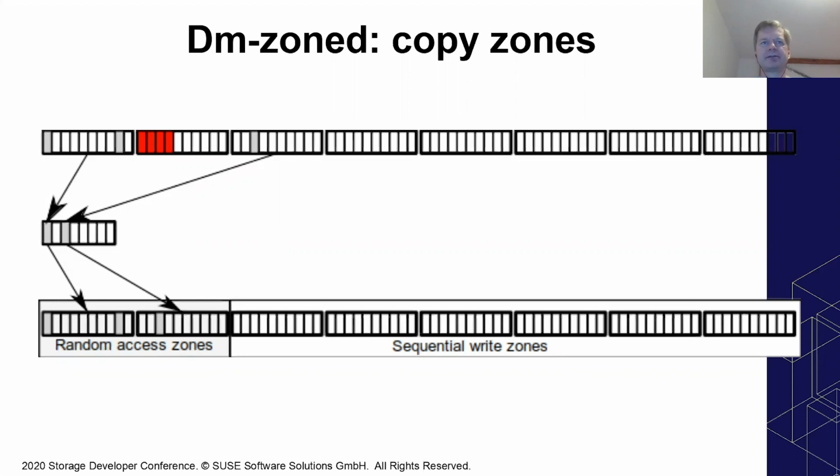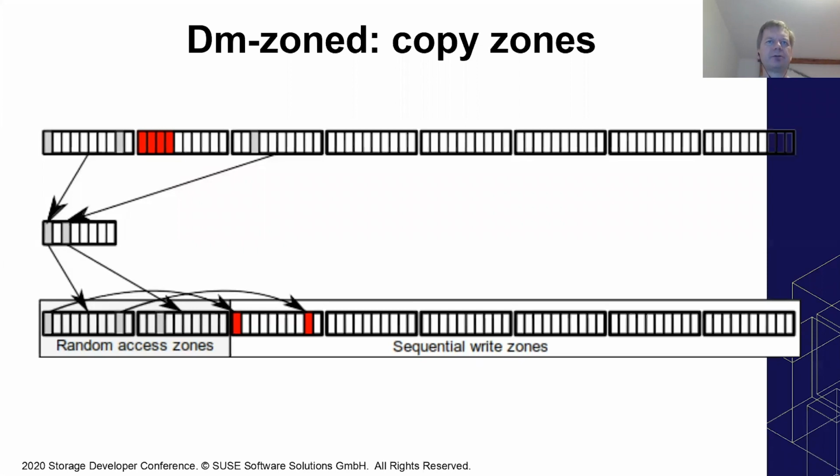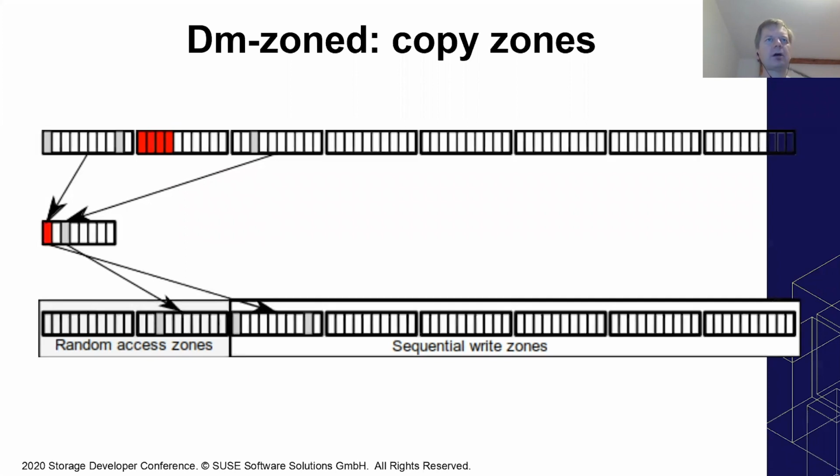So we start copying the data from the oldest zone into the sequential write zone, update the pointer in the mapping table, and then we can start writing the new data into the then-free random access zone. And of course, as you can see, we do need to update the mapping table too, such that it will now point to the first random access zone.